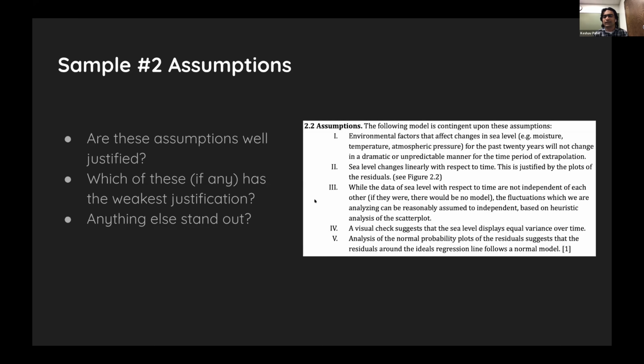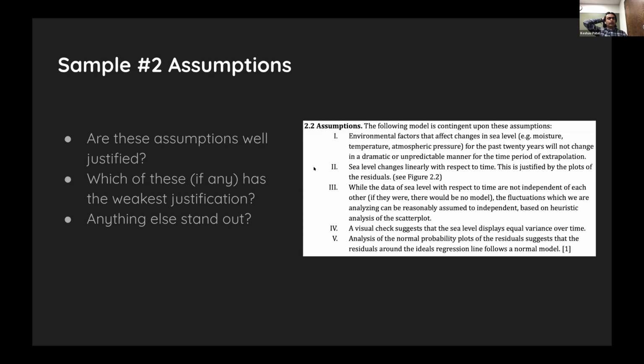So I actually don't really want to tell you how many assumptions you should have, but you should highlight the most important assumptions, particularly ones that are simplifying assumptions. So like assumption number 1, where you say that you're not going to assume anything about moisture, temperature, atmospheric pressure. This is a very good assumption to have in your model or in your write-up. Okay.